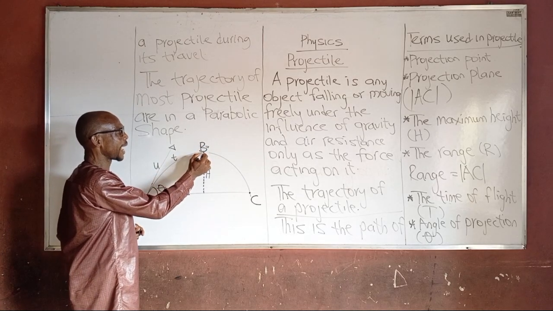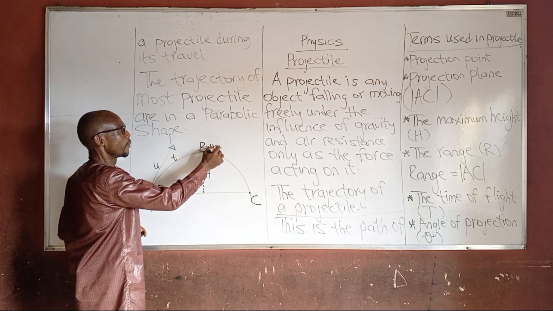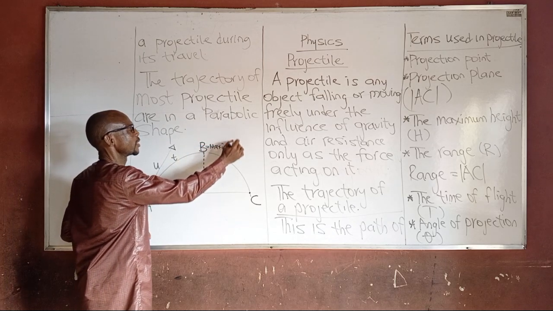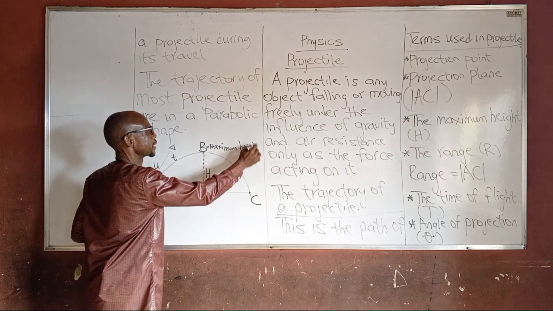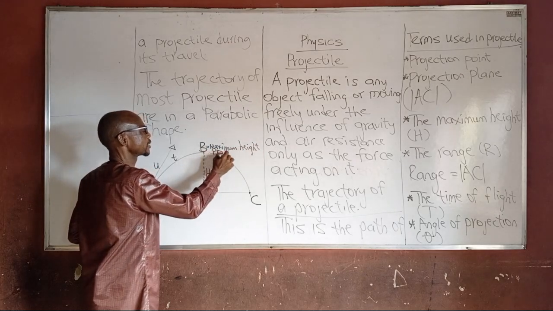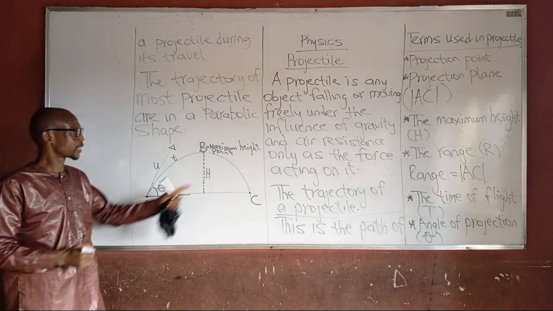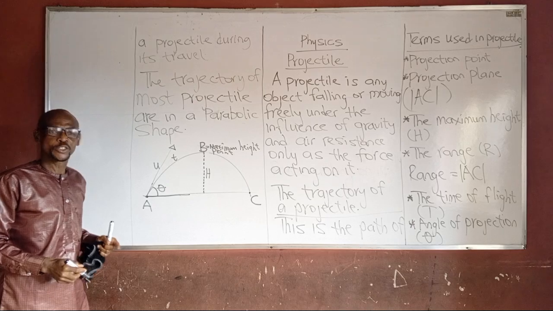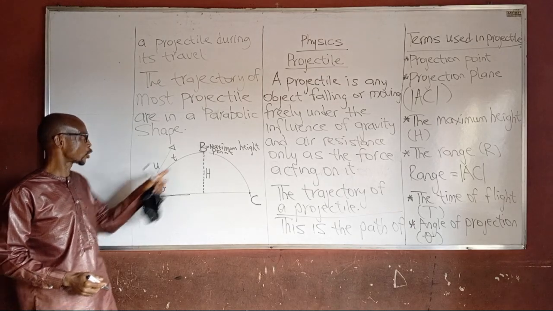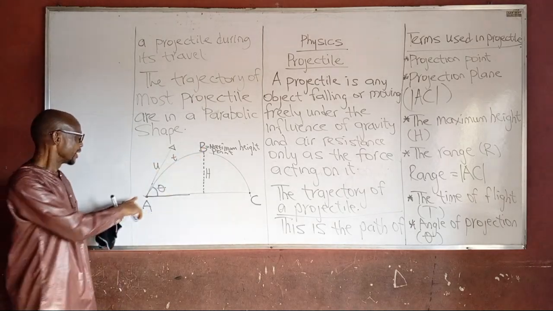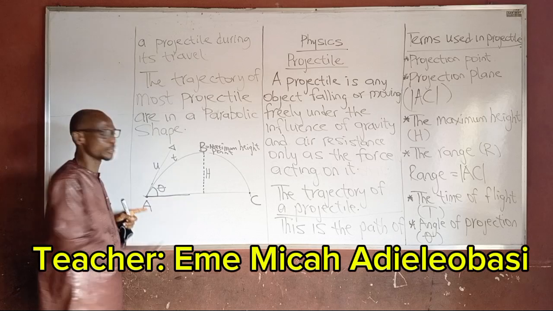Here is the maximum height point. That is the maximum height point. So the time to move from A to B here is called the time to reach the maximum height.